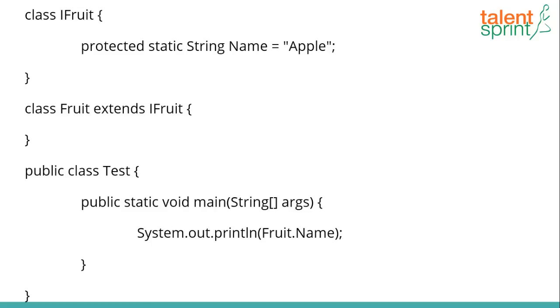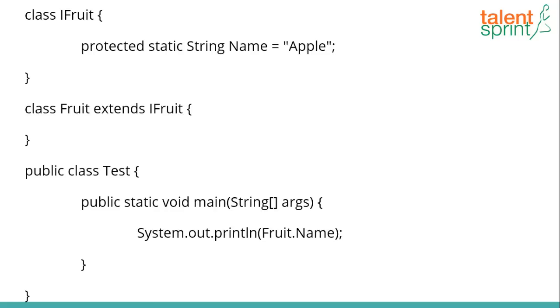See this question, let me give you a hint. This question is more about the protected variable name, whether we'll be able to access that protected variable in the class fruit or not. Mahesh just said variable must be public static final. So according to Mahesh, if it is public, then it will give the output, otherwise it will give a compile time error. I hope I have got you right, Mahesh.